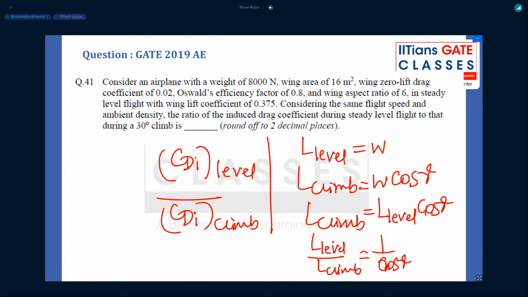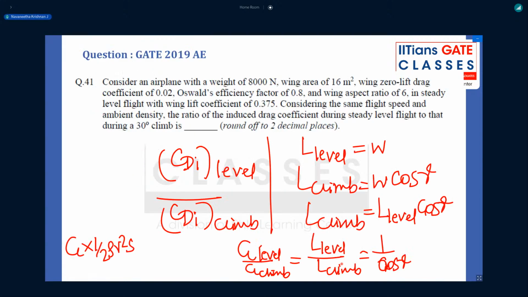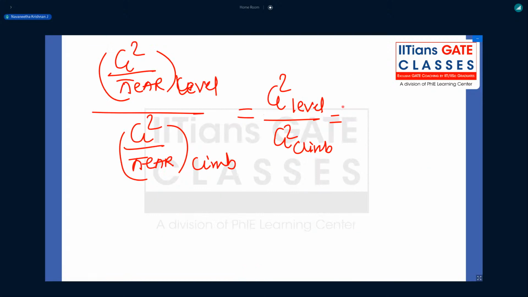Lift is CL times half rho V square S. So this becomes CL of level flight divided by CL of climbing flight, equal to 1 by cos gamma, because half rho V square S divided by half rho V square S gets cancelled. Here it is squared, so 1 by cos square gamma.